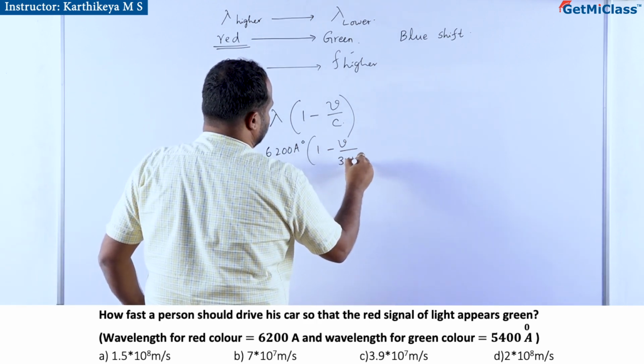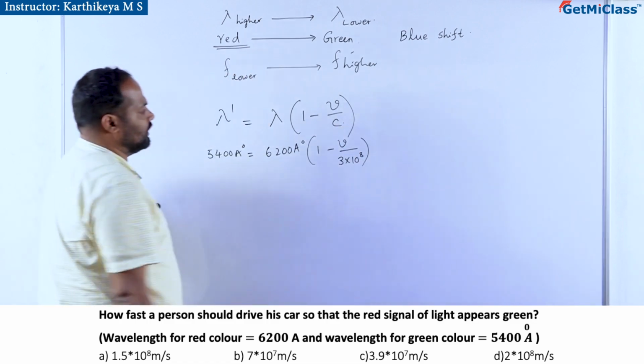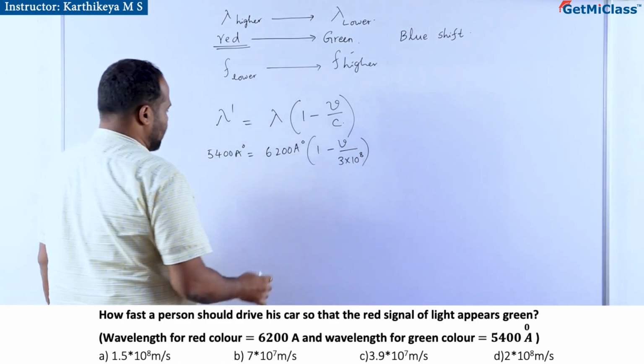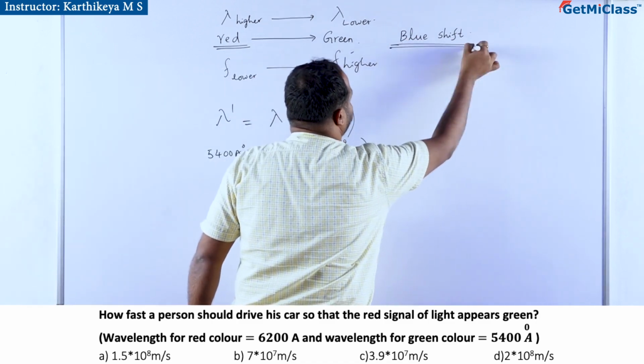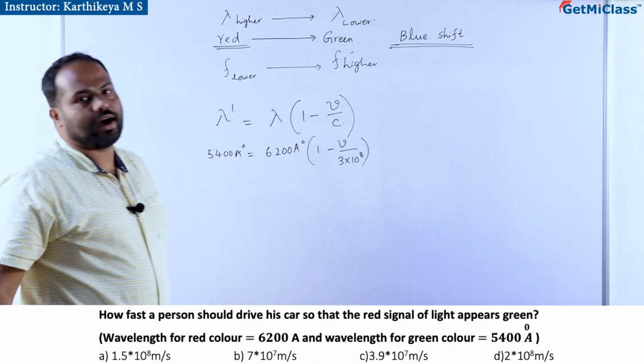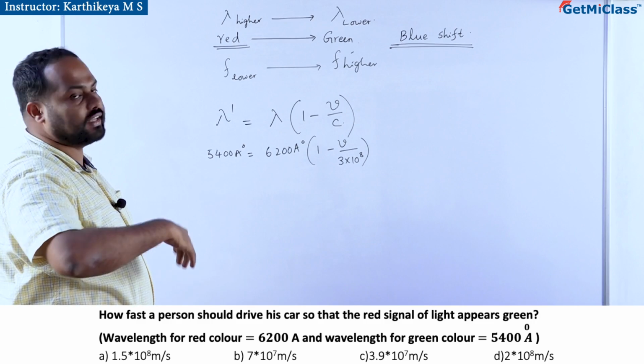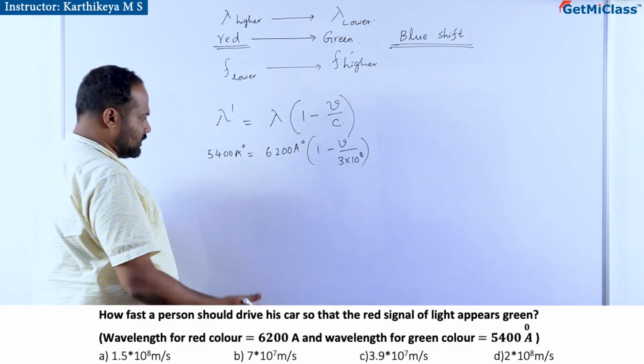C is 3 into 10 to the power 8 meter per second, the velocity of light in air. So this is the concept of blue shift, where the apparent wavelength is getting reduced because of the higher speed.